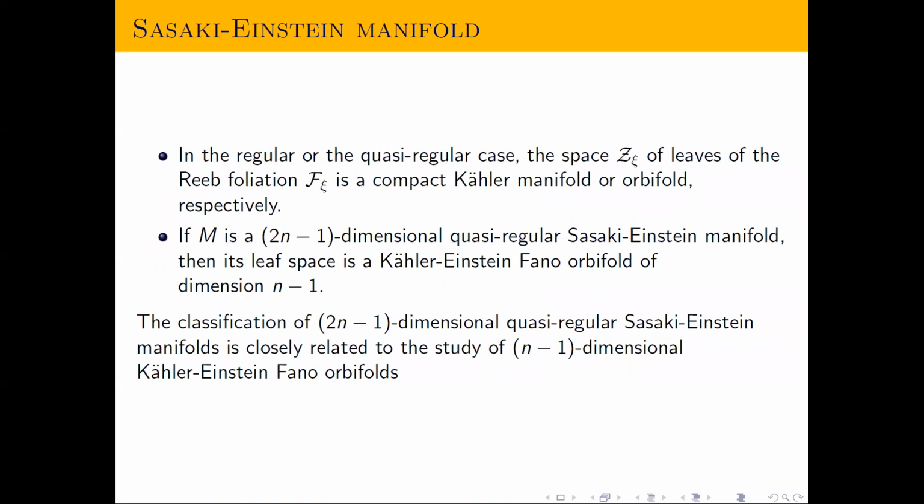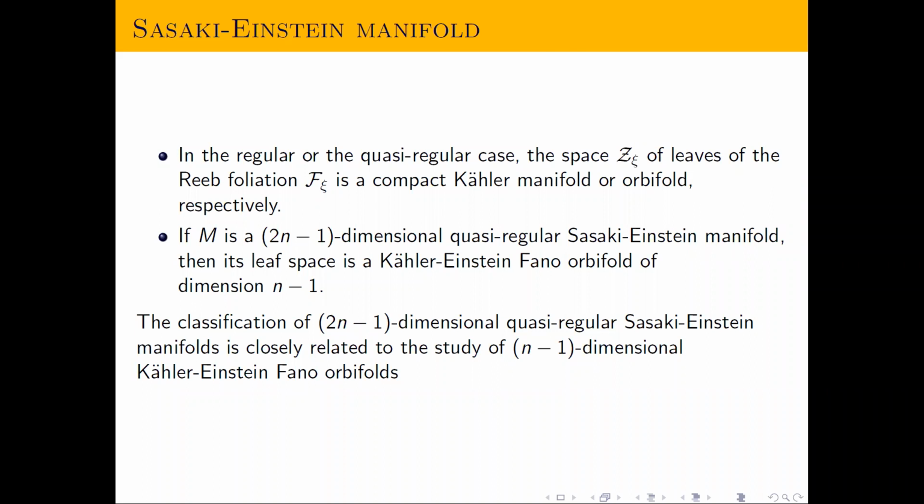In the regular and quasi-regular cases, the leaf space of the foliation is a compact Kähler manifold or orbifold, depending on whether it's regular or quasi-regular. So if M is a Sasaki manifold, a real 2n minus 1 dimensional quasi-regular Sasaki-Einstein manifold, then its leaf space is a Kähler-Einstein orbifold of complex dimension n minus 1.